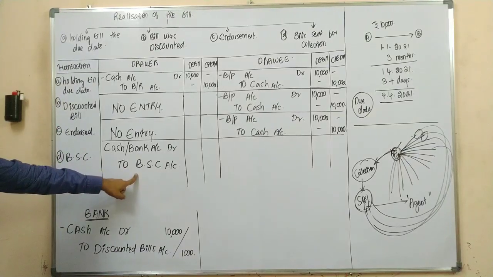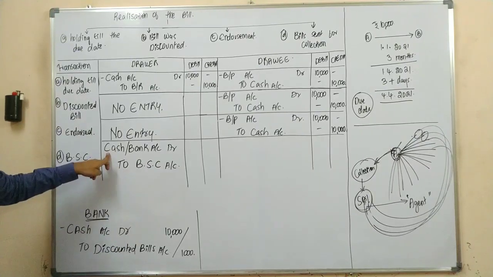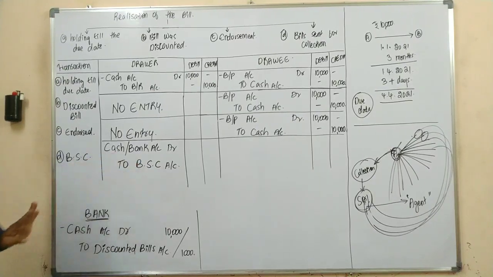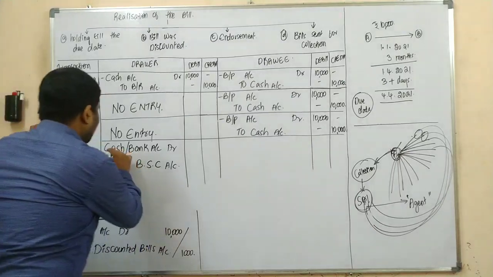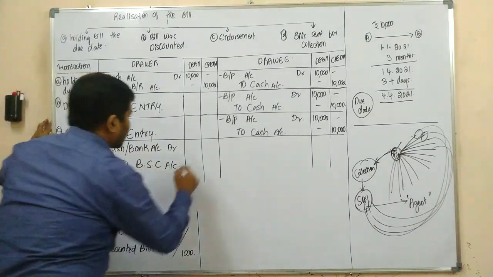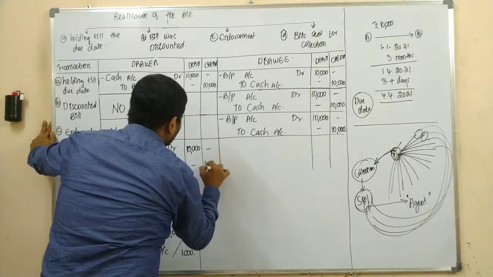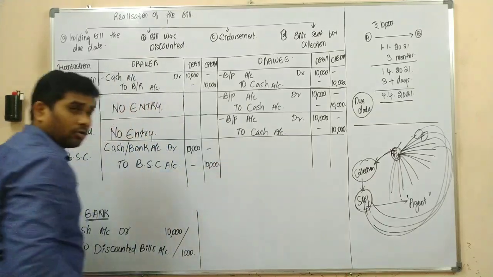So your bills sent for collection would be no more an asset, as the amount was already received from those bills. So what is the journal entry, sir? Cash or bank account debit to bills sent for collection account. So the amount would be 10,000 debit, 10,000 credit.